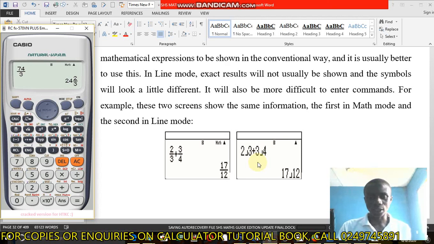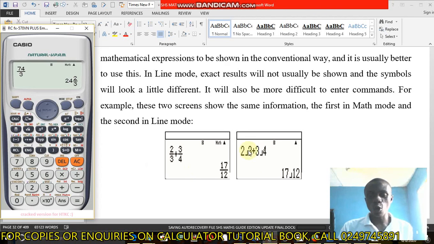Now, most students will run to me, saying, my calculator, look at how it is coming. It has changed from the default math mode to the line mode. And with this, in the examination hall, if you are unable to change it back to the math mode, in fact, you'll be in trouble.